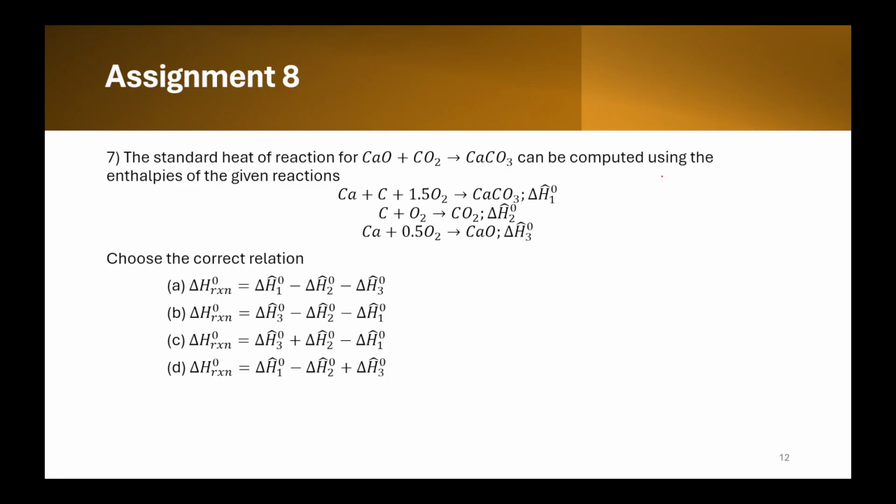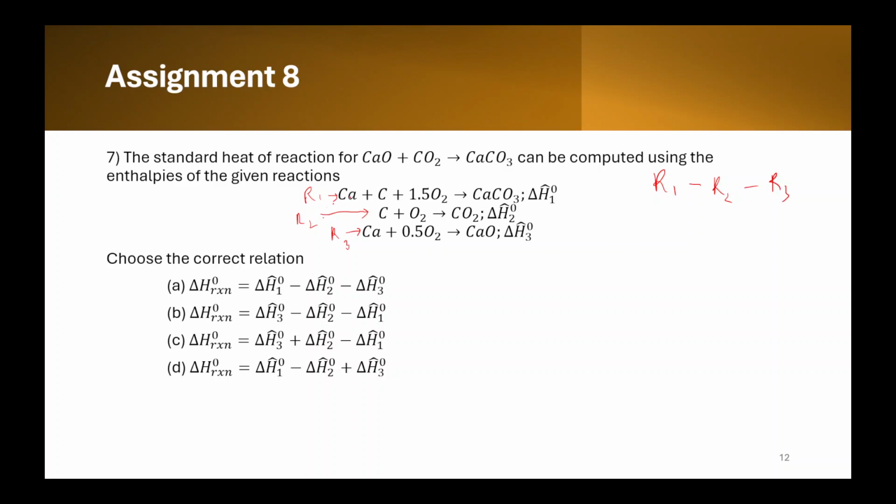So suppose this is reaction 1, this is reaction 2, and this is reaction 3. So we would require R1 minus R2 minus R3.